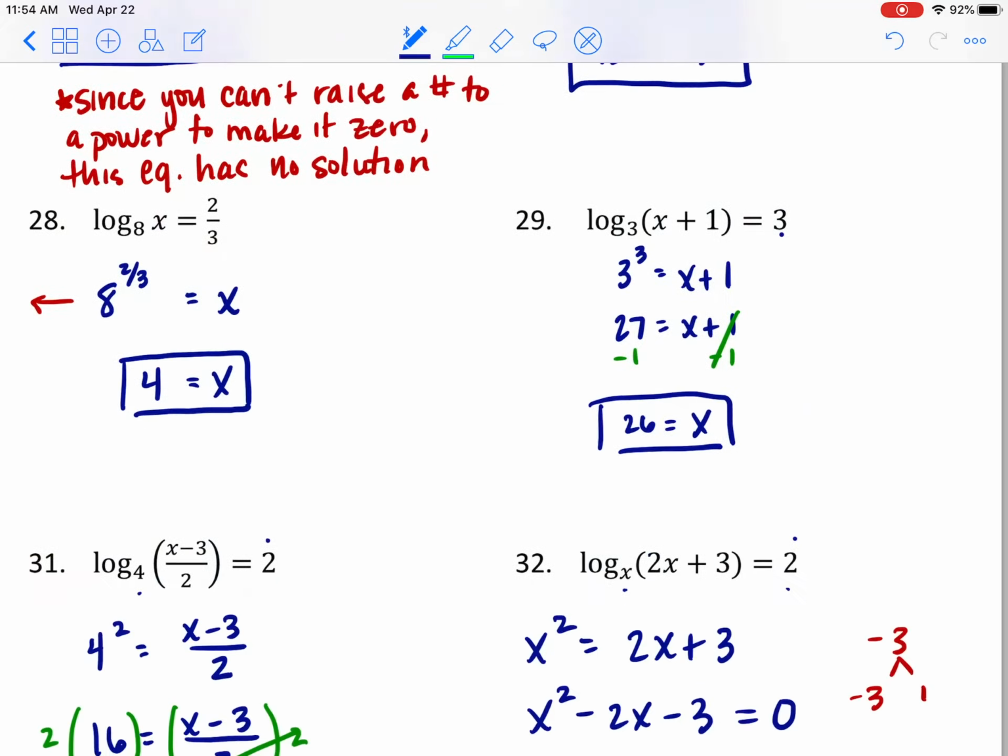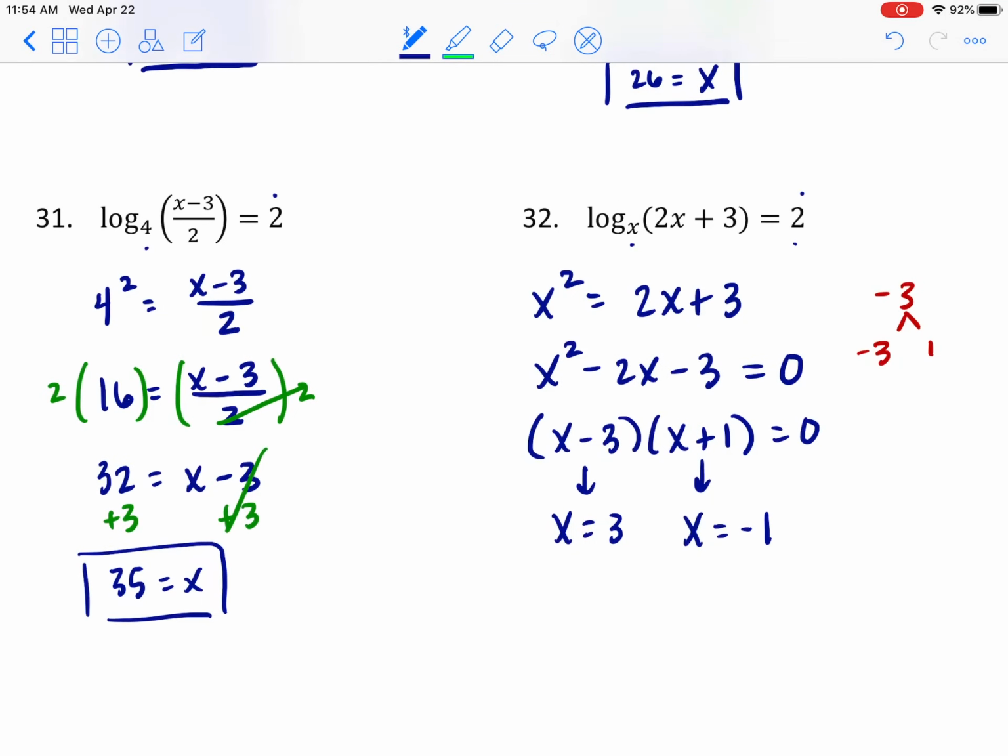So remember this question up here? We said there's no way we can raise something to a number and make it 0. If it can't even get to 0, there's no way it can get to a negative. So this probably isn't really clear right now, but when we get to functions, I'm going to reinforce this. But you can't take the log of a negative number. The base of a log can't be negative. You can't take the log of 0. The base of the log can't be 0.